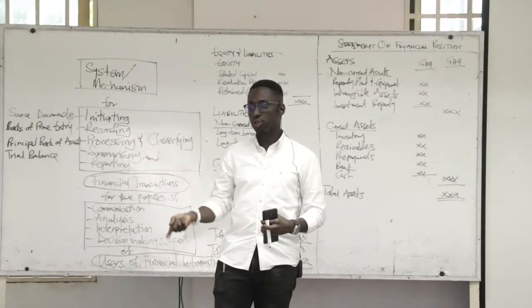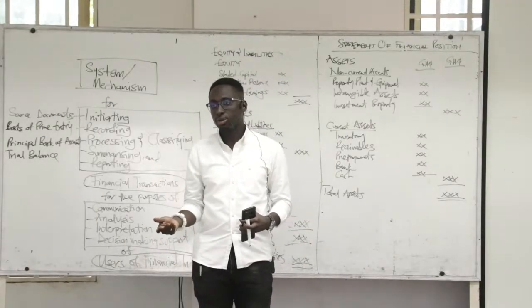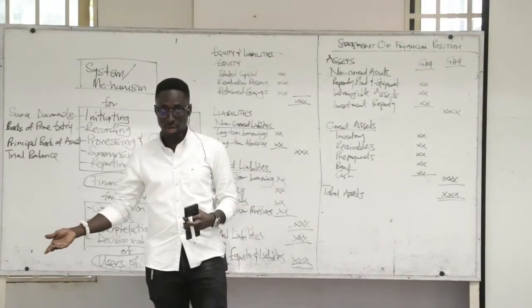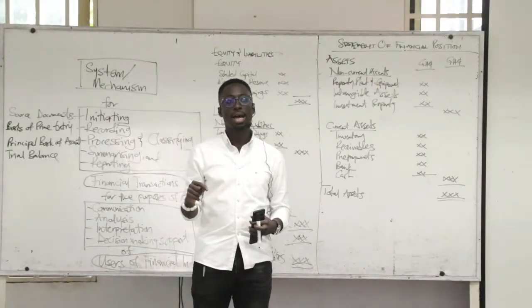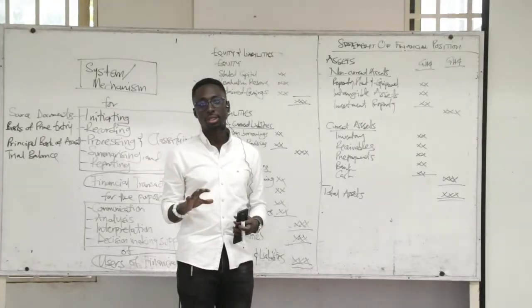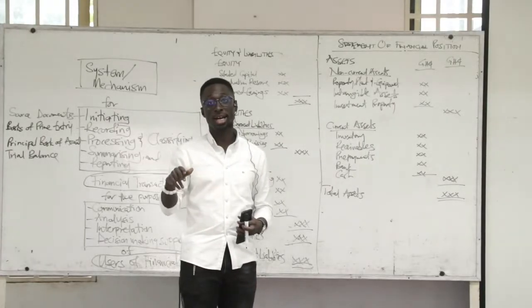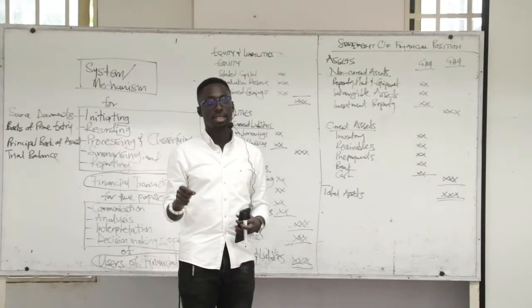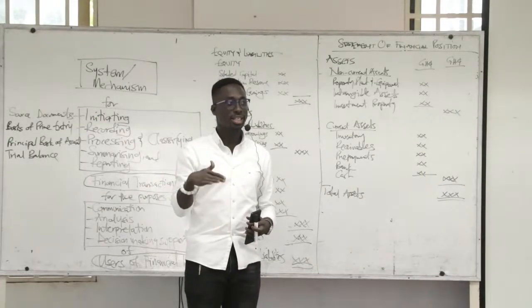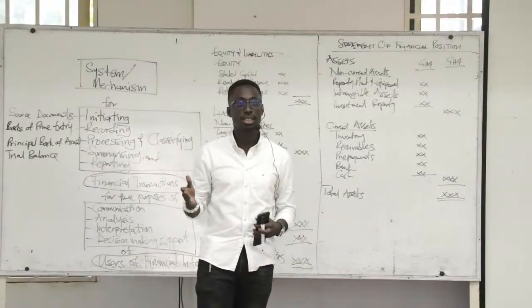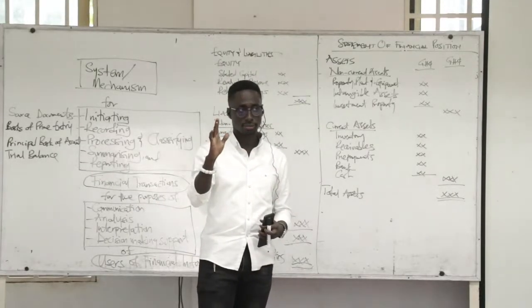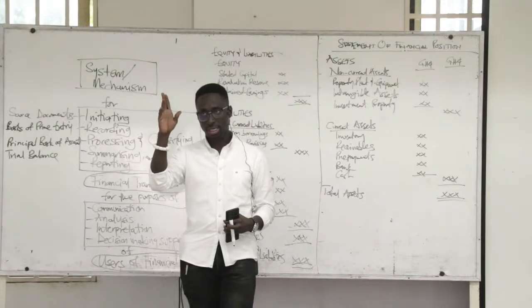And what that suggests to you automatically is that there will be some unpaid shares. And that's why at the point of winding down of a company, especially a company limited by shares, the obligation or the liability of the shareholders is to the extent of their unpaid shares. Does it make sense?